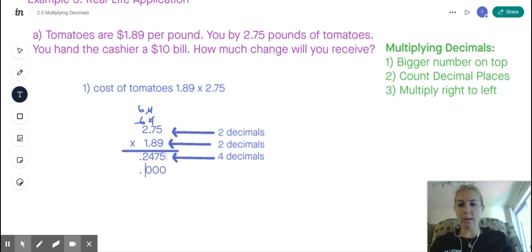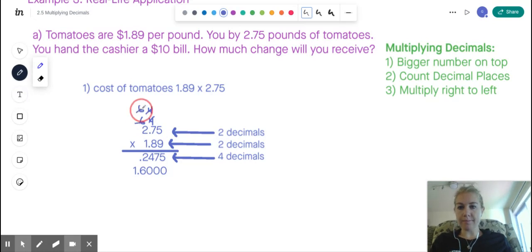Last but not least, 8 times 2 is 16. Trying to keep my numbers lined up here. And that's it for the 8s. So still 4 decimal points. We used that 6, so let's cross that out.